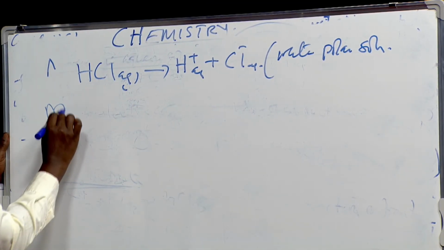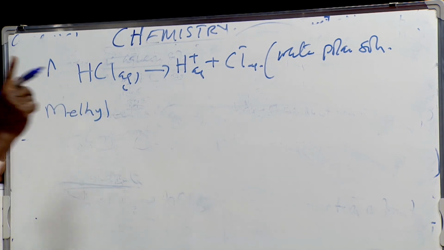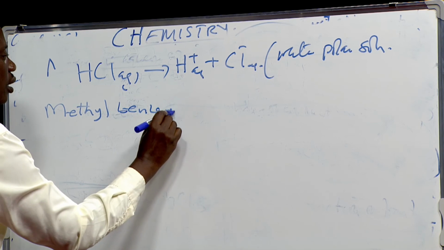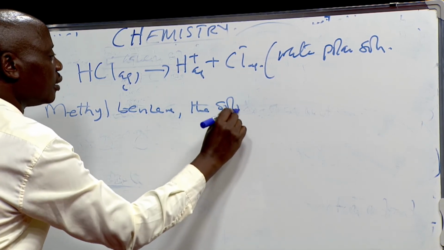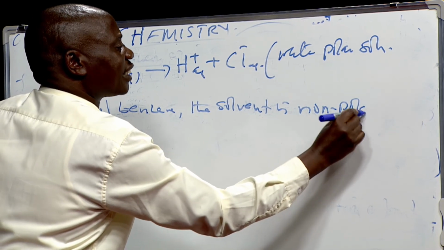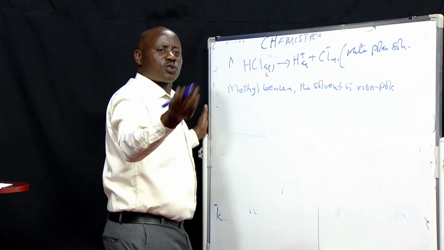But in methylbenzene, I want you to pay attention to this. In methylbenzene, the solvent is non-polar. That means it does not have ions to attract the other one.